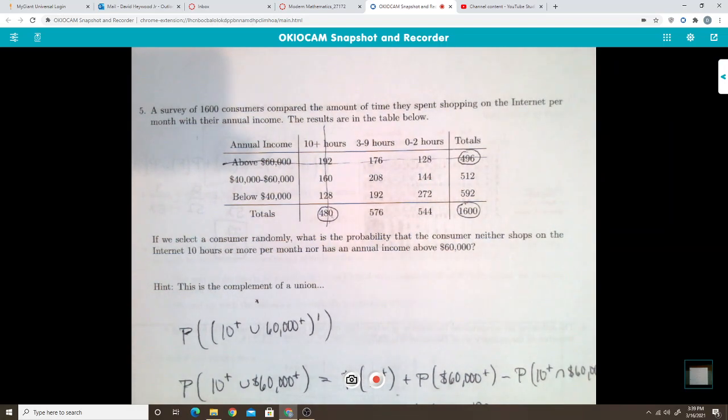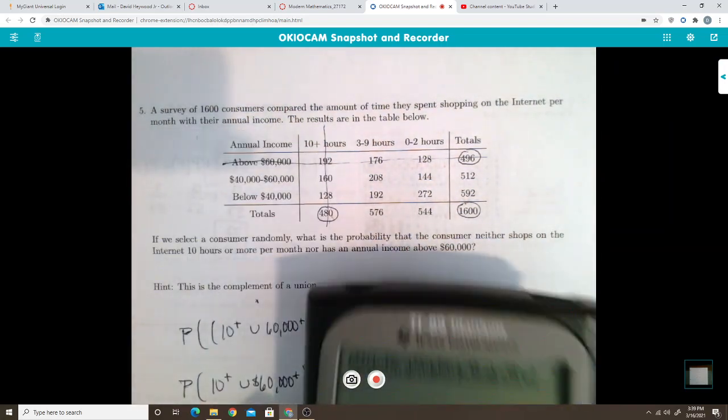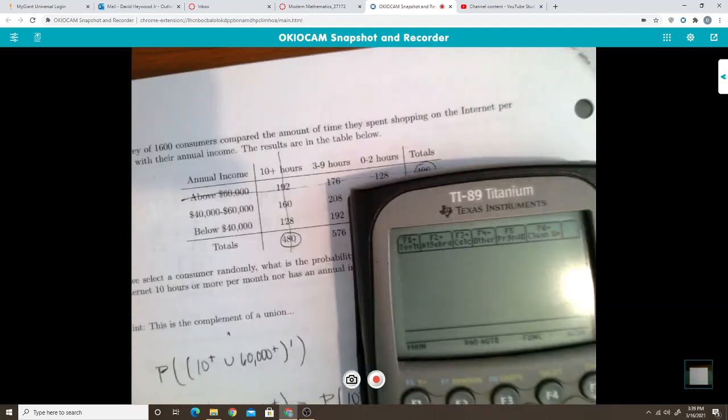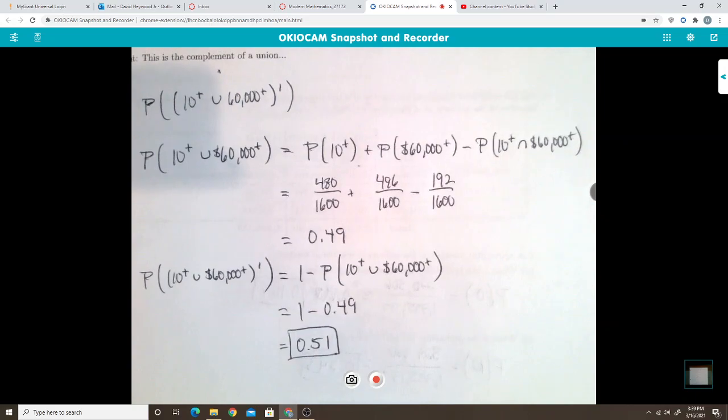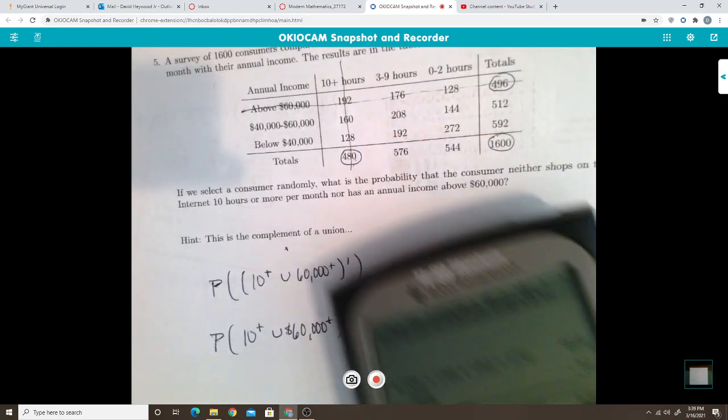So I think if we add up 208 plus 144 plus 192 plus 272 and then divide by 1,600, sure enough, we get 51%, right? Same answer as before.